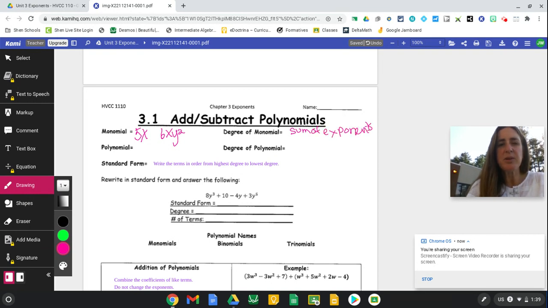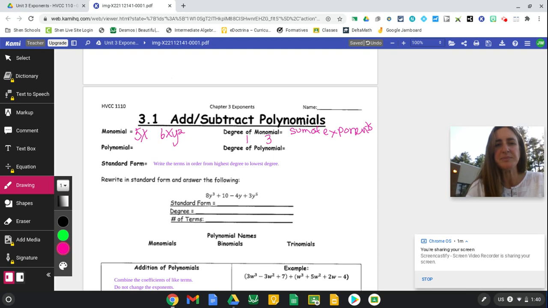So, for example, in the first one, the only exponent that is there is x to the first power, so the degree of the first one is a 1. But in the second example, there's an x to the first and a y to the second. So I'm going to take that 1 and 2 and add them together, and the degree of that monomial is a 3.